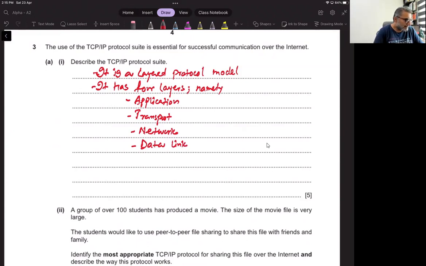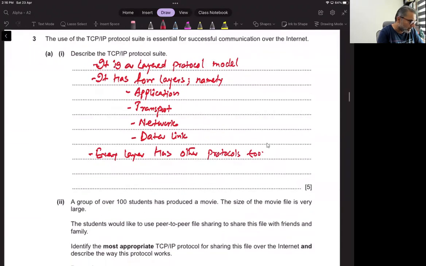Now that's it. Describe it. It is a layered protocol model. It has 4 layers. Every layer has other protocols.